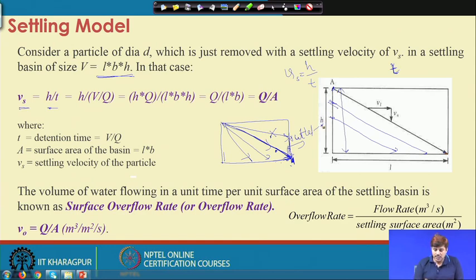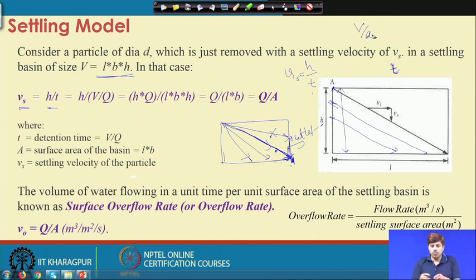So, h is, let us say, the height where the particle has entered. It has travelled h distance in t time, so its settling velocity is going to be h by t. Now, we know that t is the detention time of the tank, and the detention time will be equal to the volume over flow rate.